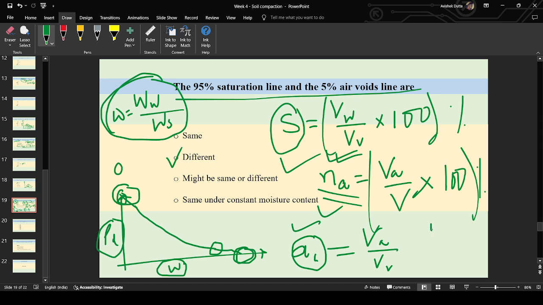The highest possible theoretical dry density is equivalent to the specific gravity if it touches. That will give us the density of the soil solids only. Moisture content 0 can be theoretically possible, and this will become rho s.